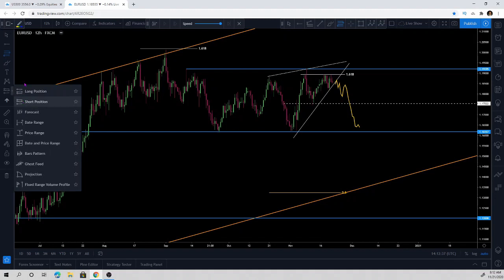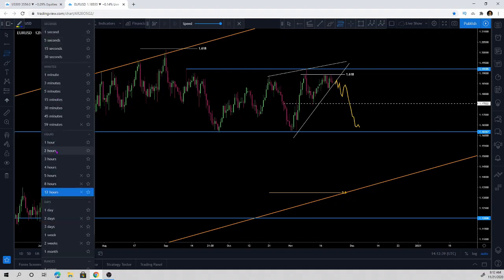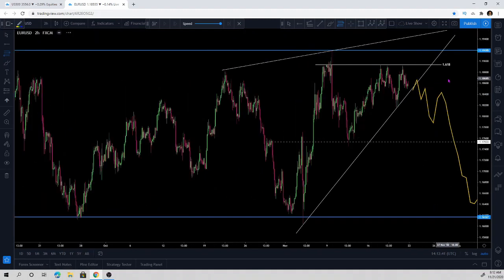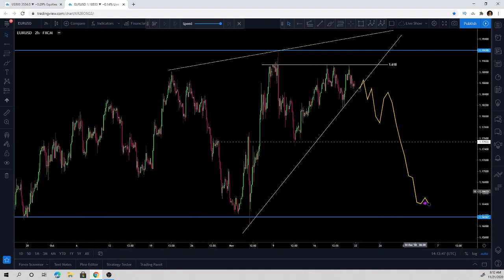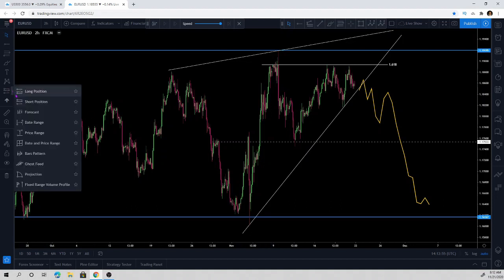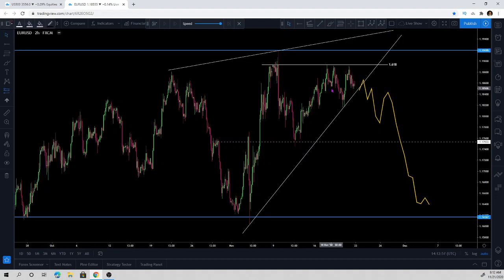We are looking at two different targets. Actually, I'm going to go to a 2-hour chart because I'm going to show you. This is the projected move on the Euro US dollar, right? We're playing the range at the 161.8. I'm not going to explain what we're doing. Just support and resistance. Our entry was here.